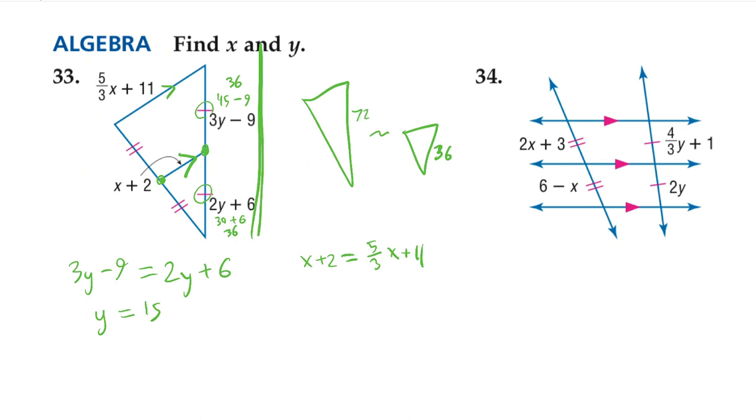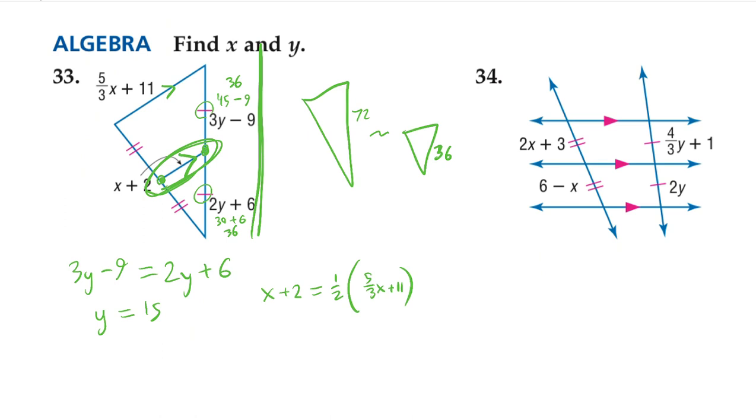So either way you look at it, it's a 1-to-2 ratio, or you use the theorem, which says the mid-segment is parallel to the base and half its length. So we know that x plus 2 is half as long as 5 thirds x plus 11. That's the expression we get.